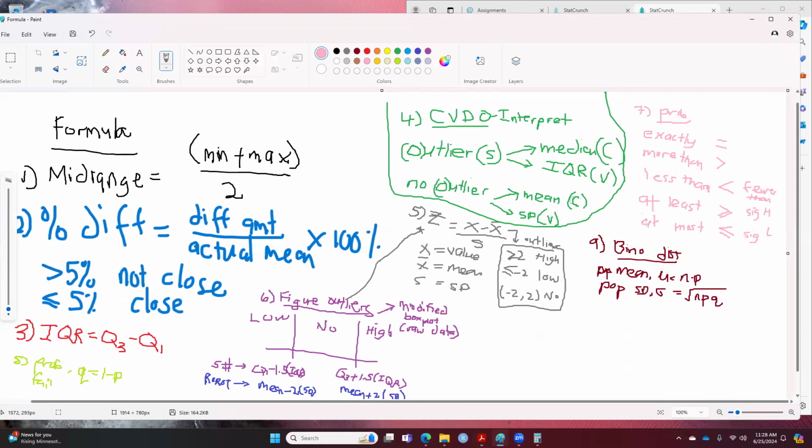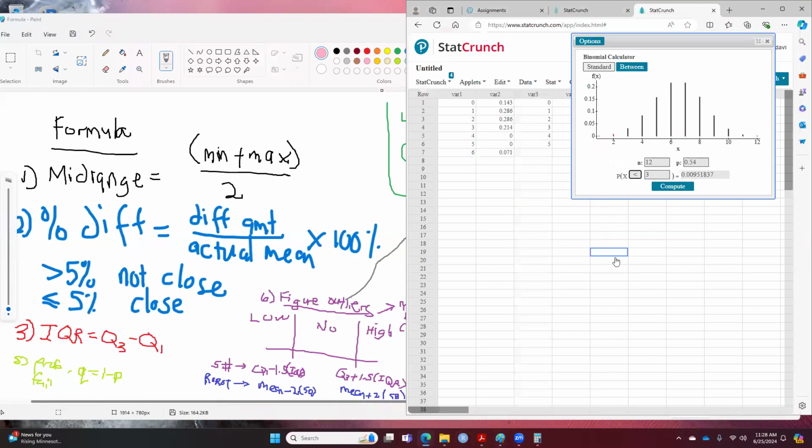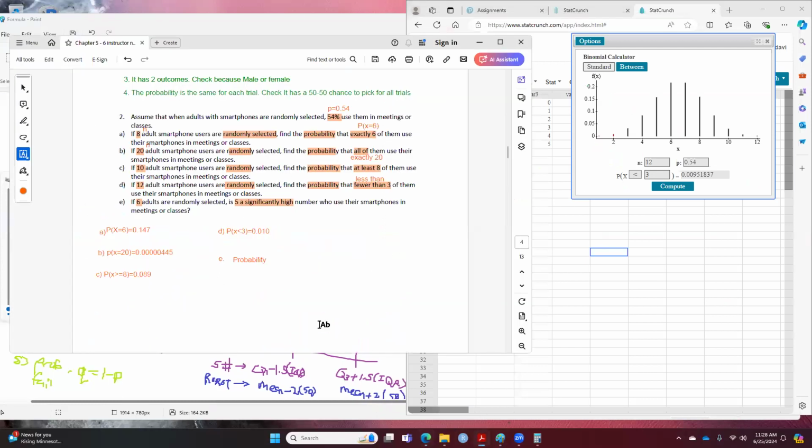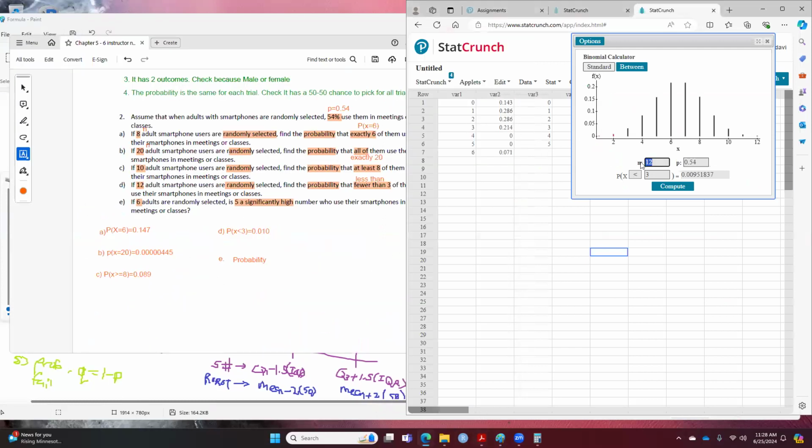What symbol should we use for significantly high? If you look at the pink one, the symbol we use is what? Greater than or equal to 5. Yep. So in this case we have to change the n to become 6 because we're using 6. So we have to do greater than or equal to 5, not just greater than, not both, for significantly high.